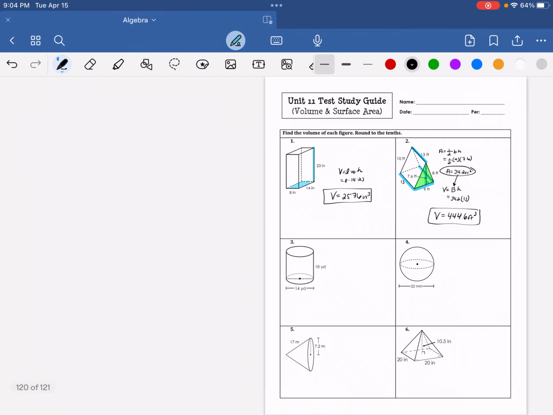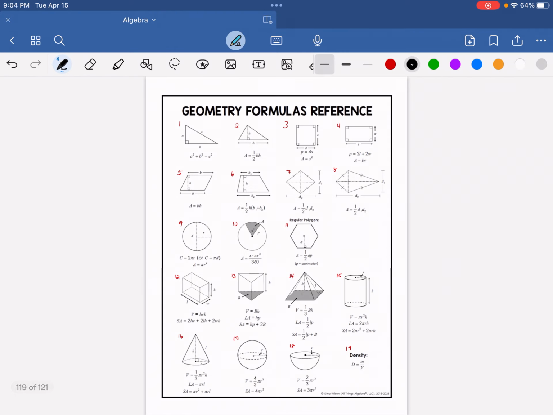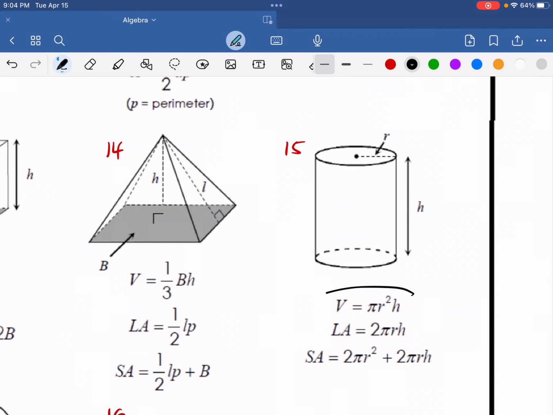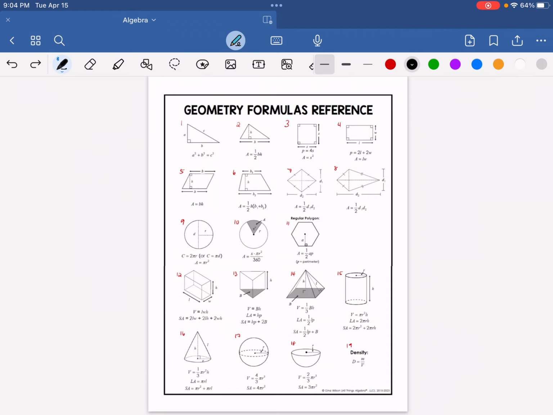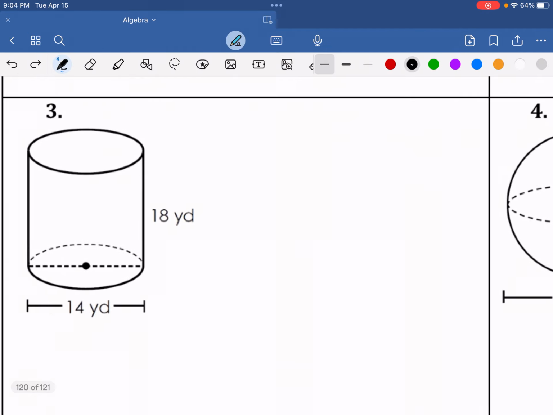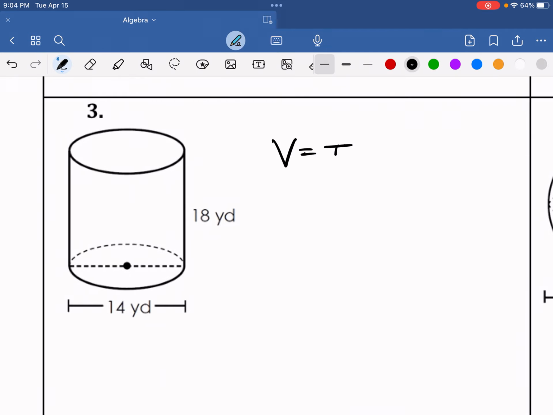The cylinder. Okay, the cylinder would be this one. Volume, not area, is pi r squared times the height. Okay, the radius is 1/2 of 14, so it's 7 yards. So right here, we're going to put a 7, and for the height, it's how tall it is, so it's 18.